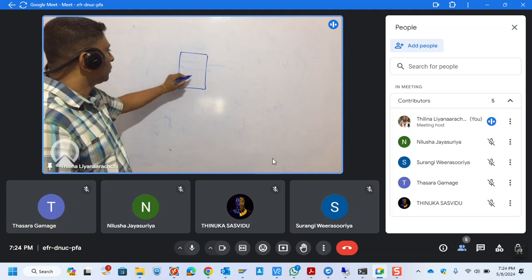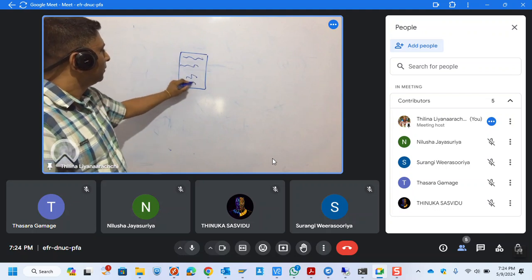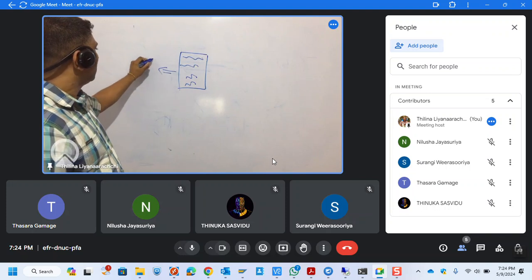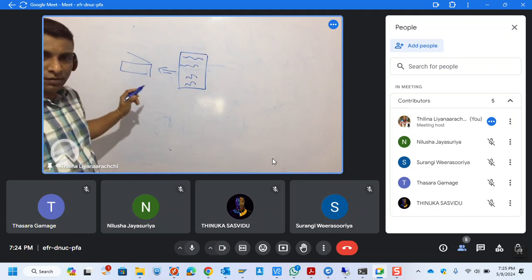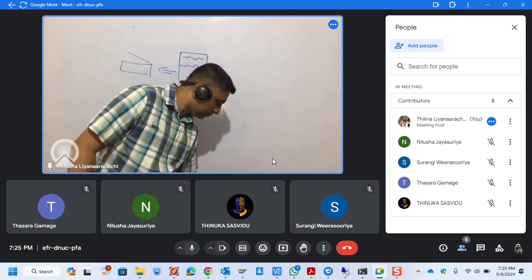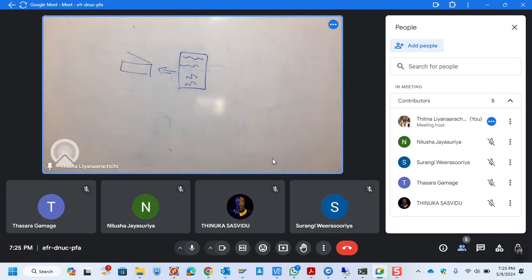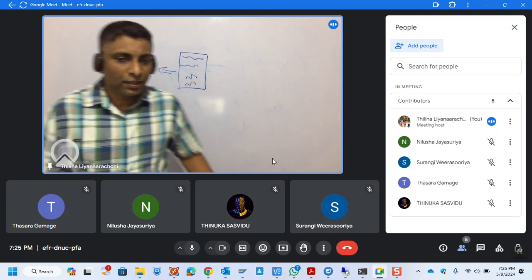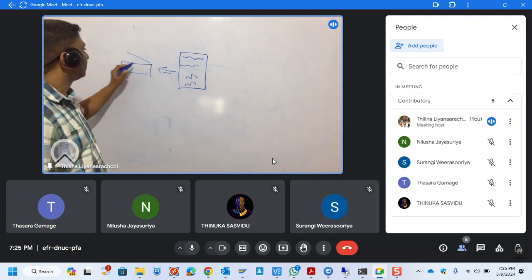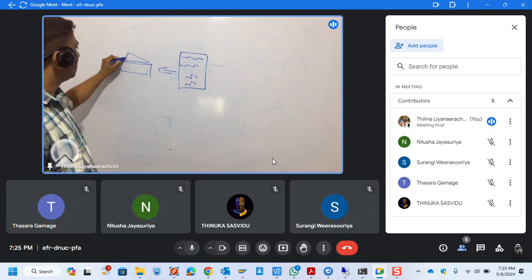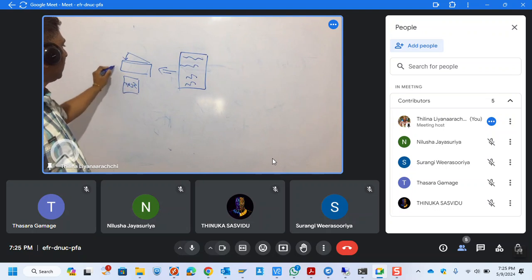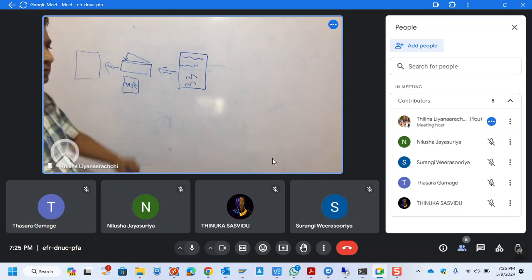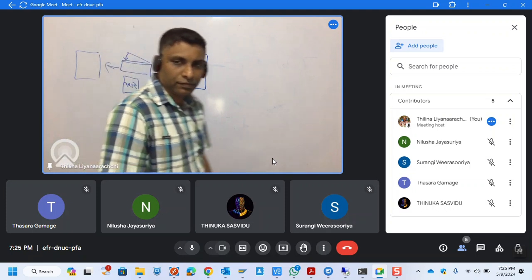If you want to scan this document, we'll put it into the scanner. That's the symbol we use. We place the document here and close the lid, and through the software we say scan, so we can get a scanned output.